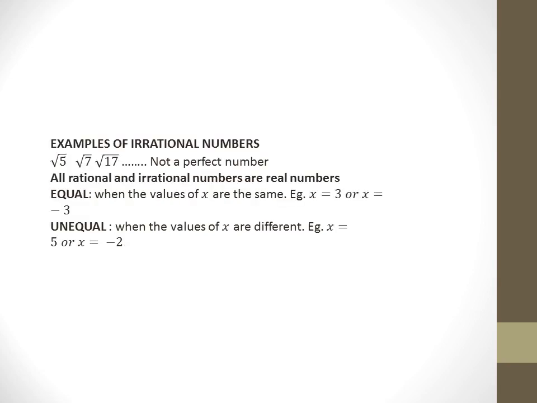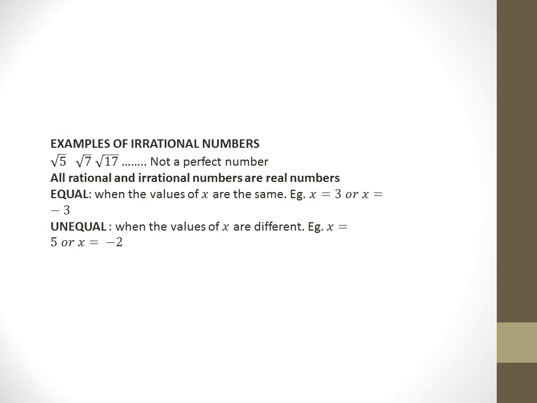How about irrational numbers? Irrational numbers are not perfect. We are talking about not perfect numbers. So we have 5, we have 7, we have 17, and the rest. Square root of 5, we do not have two numbers that when you multiply, you are going to have 5.